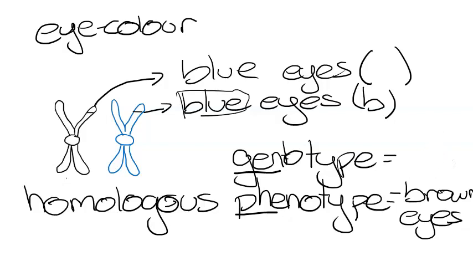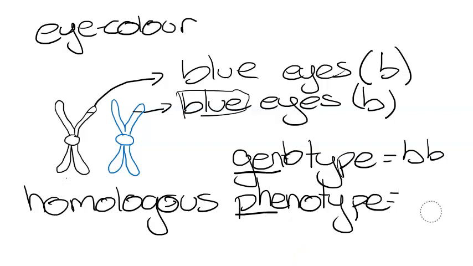Our genotype now is going to be little b, little b, because the combination of alleles that individual now has is two blue-eyed alleles. And the phenotype, what is showing up, and we'll work out why this is later on, is not going to be brown eyes anymore, because their DNA doesn't have the code to be able to make brown eyes. Their phenotype is going to be blue eyes. So when we look at the individual, what we will actually see is blue eyes.